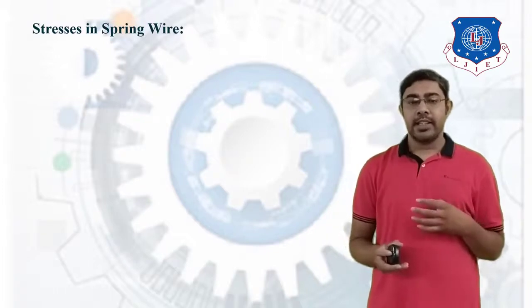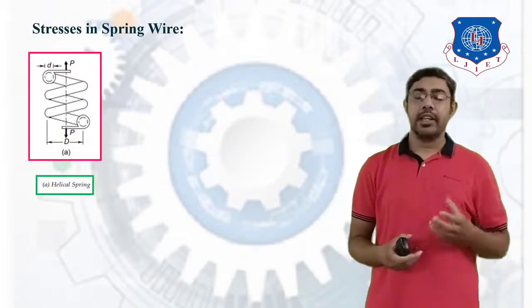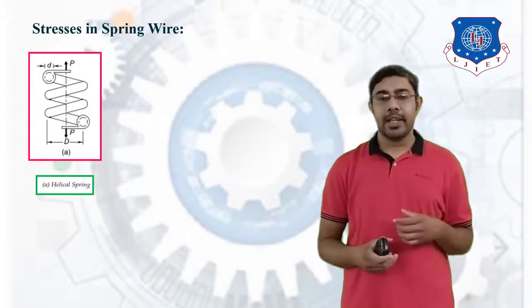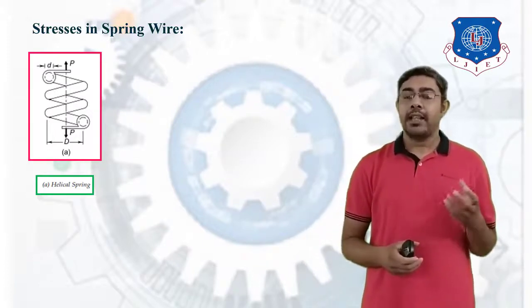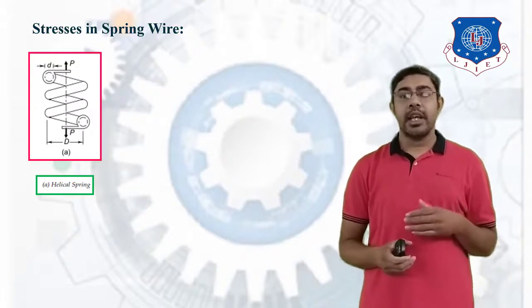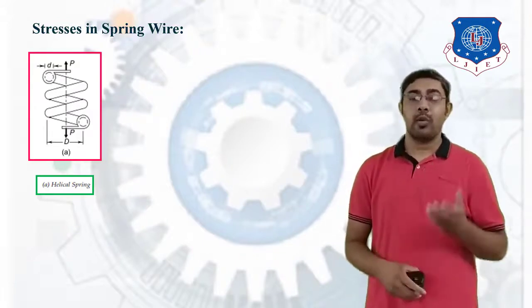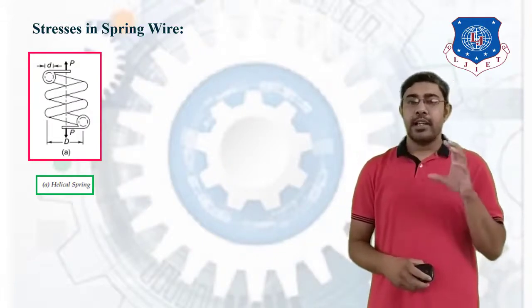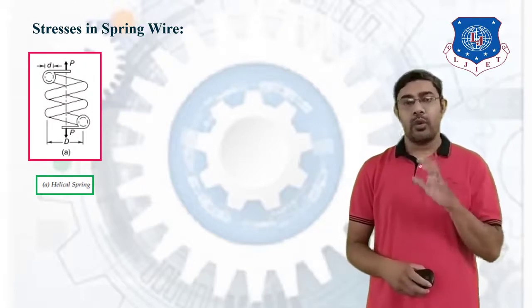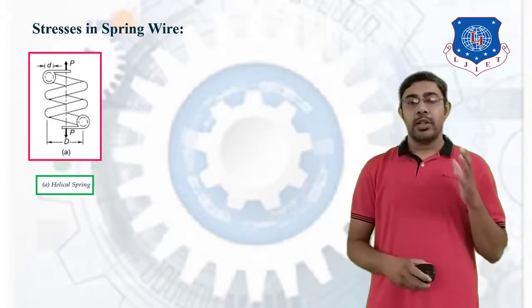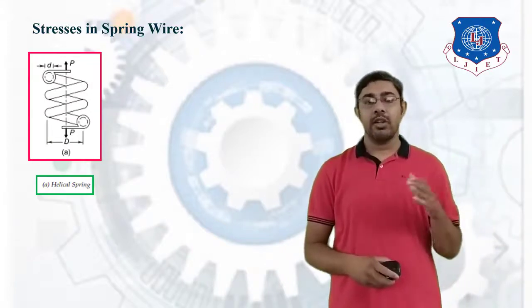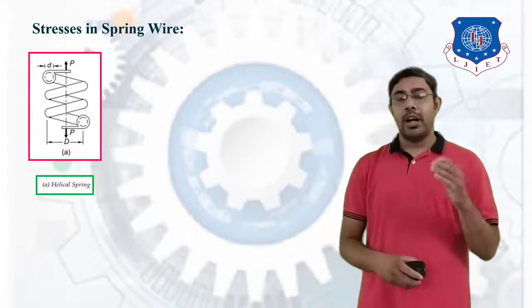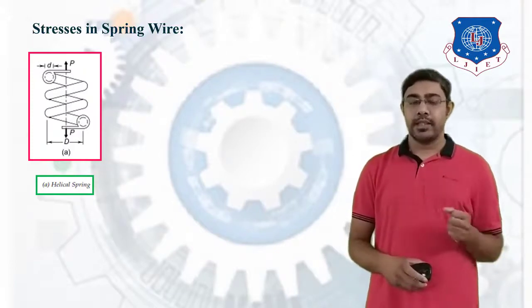For that, consider the figure here. Figure A shows the helical spring subjected to load P, with mean diameter capital D and wire diameter small d. Now to calculate the stresses in the spring, we have to unwind this spring.